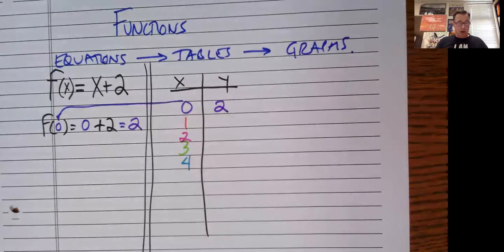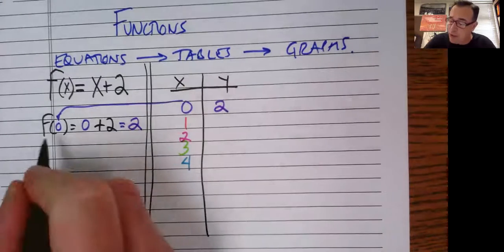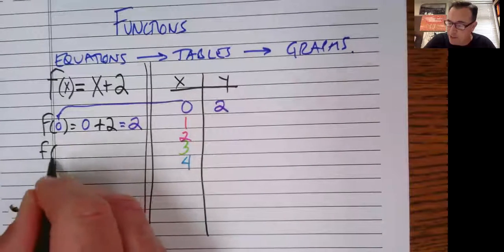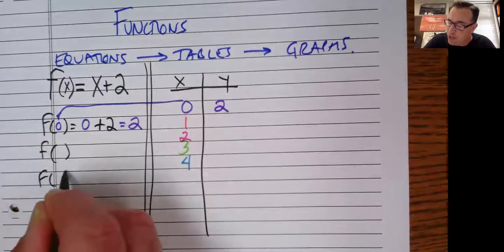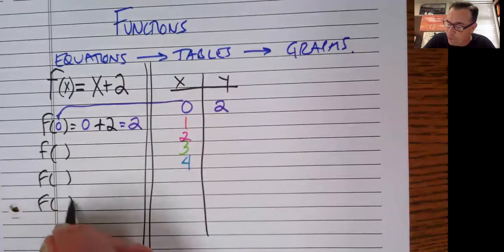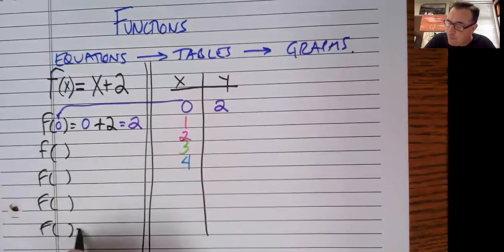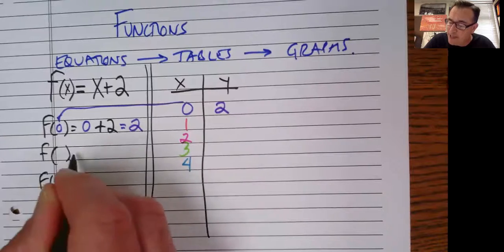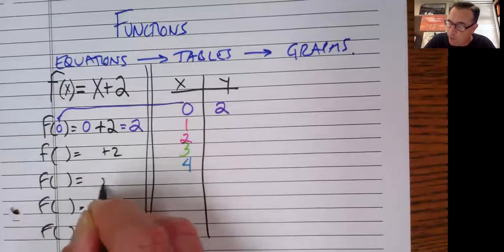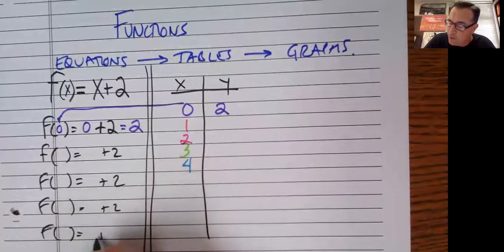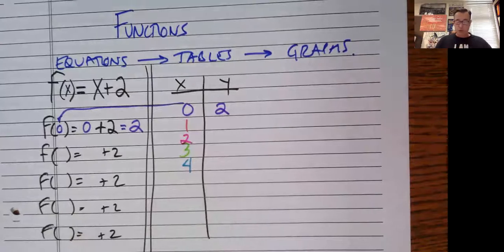And then we do this for all of them. I needed a little bit more space for this because I've got a total of 5 of these, so I'll make sure we have the space for it. For all of them, the rule is the same. We're adding 2 to whatever we get here, okay? So I'm going to do the same thing with 1.